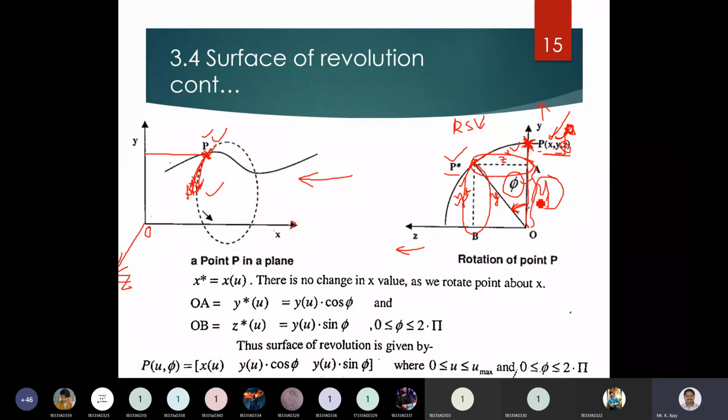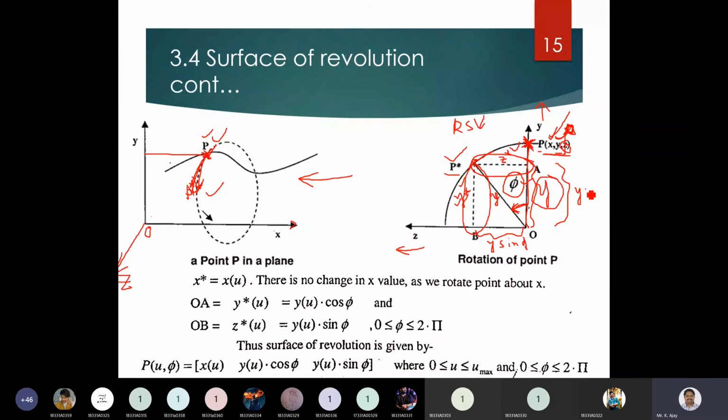O to A is y cos pi, and O to B is y sin pi. What is y? Y is the distance from O to P, which is nothing but the radius. You can consider the radius of this quarter circle.